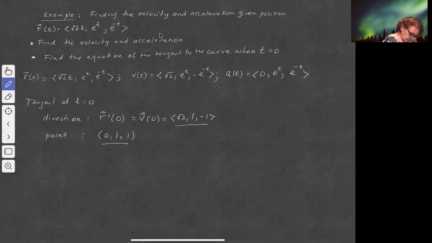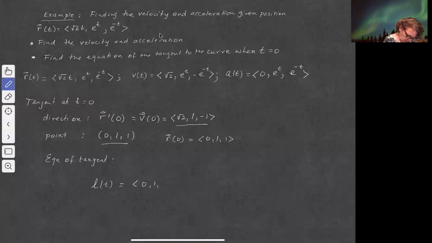So then the equation of the tangent, I'm going to write it in vector form. I'll call it L for line. L(t) is going to be the position vector r(0), which is 0, 1, 1, plus the vector r prime of 0, square root of 2, 1, minus 1, times t.